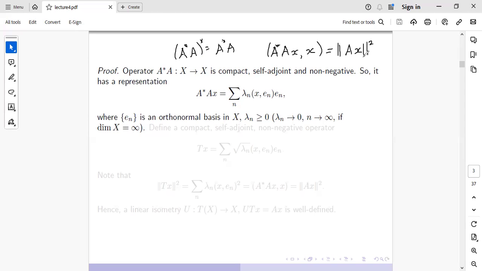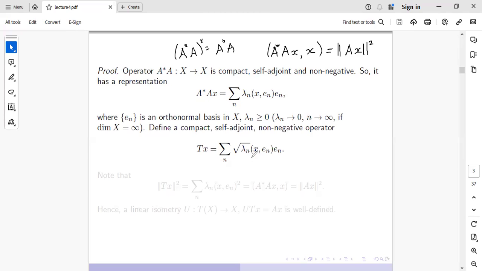So by the Hilbert-Schmidt theorem, we can write the product A adjoint A in some orthonormal basis that consists of its eigenvectors, and define T. In fact, it is the square root of A star A. So now the numbers lambda_n are non-negative because operator A star A is non-negative.